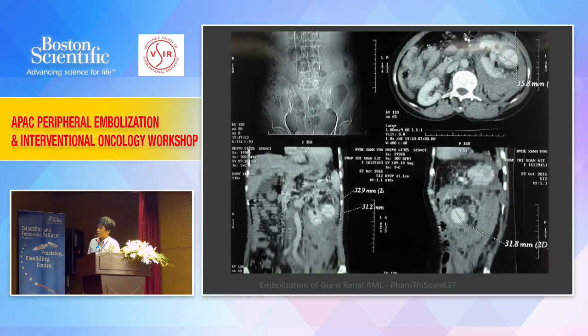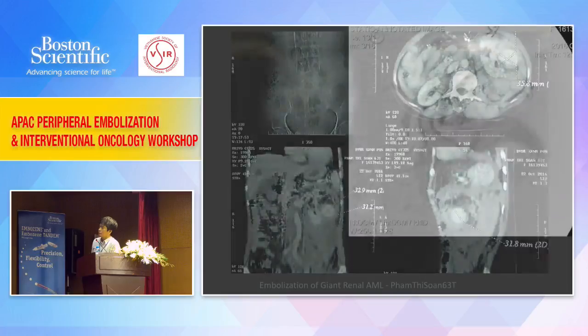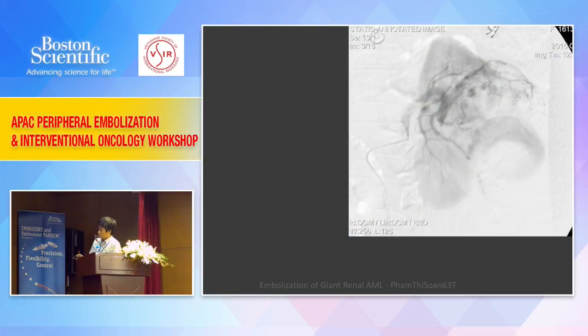And this is another case. You see that the patient comes with a huge retroperitoneal hematoma, and on the angiography, we can see that it's the same pathology like angiomyolipoma with some aneurysm.